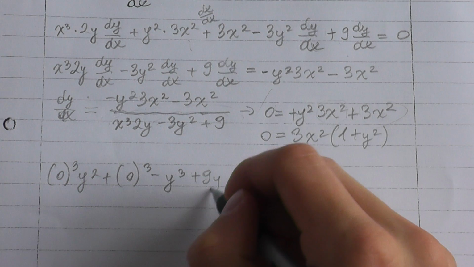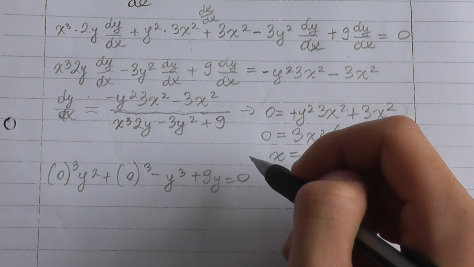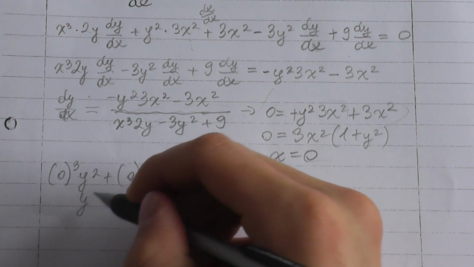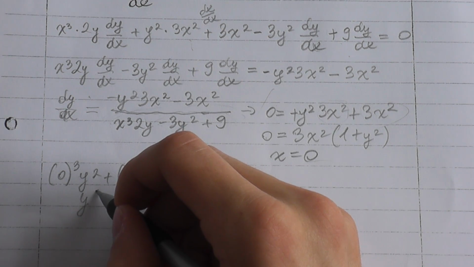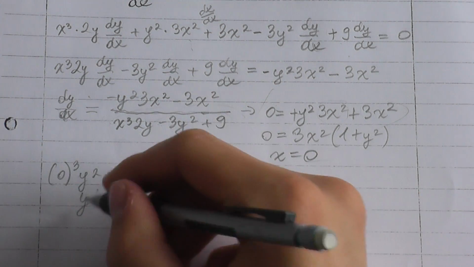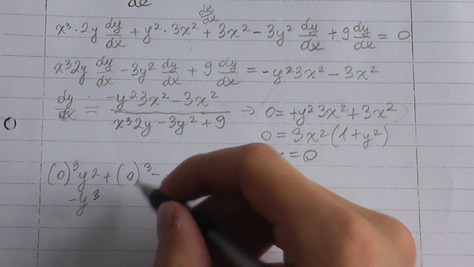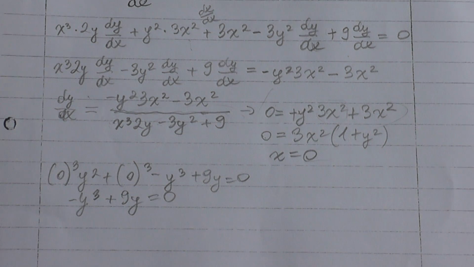Looks like this. And from this, it follows then we have y cubed, because this is a 0, minus y cubed, plus 9y is equal to 0.